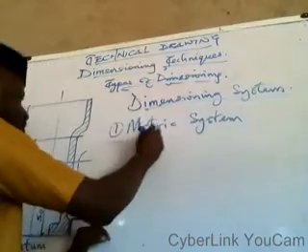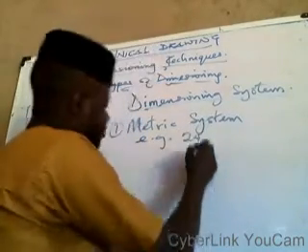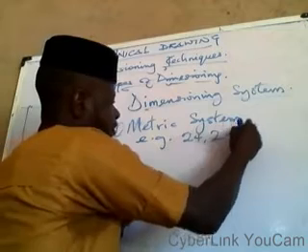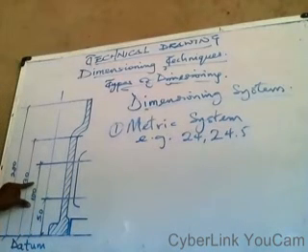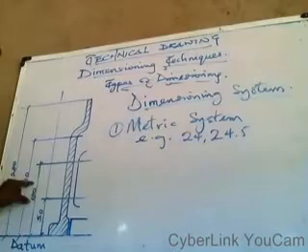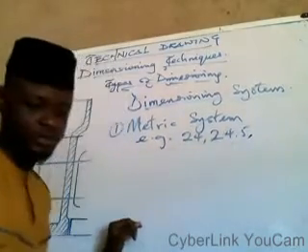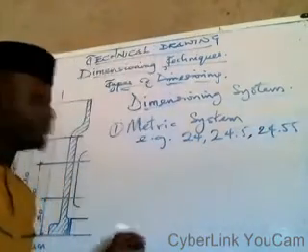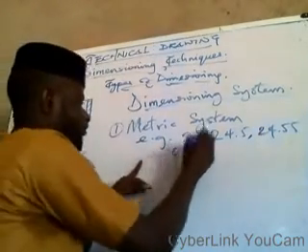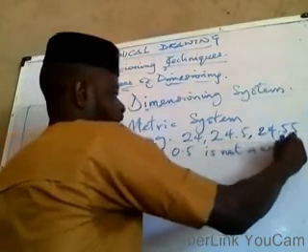So example of that one, for example, you have 24. You can write 24.5. Maybe you want to show the figure here. If it is metric system, you can have it like this. Then you can have 24.55. But this one, .5, is not accepted.